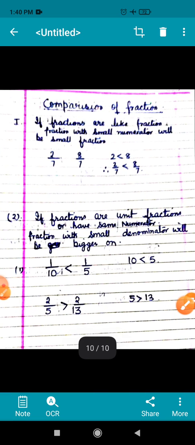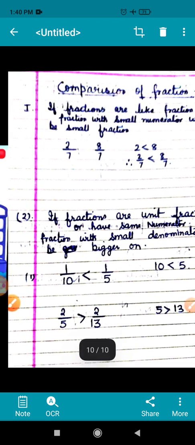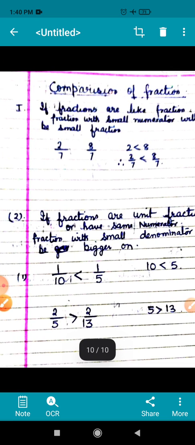So children, now you all have understood. For comparing fractions, there are two rules. First one is, if fractions are like fractions, the fraction with the smaller numerator will be the smaller fraction. Here 2 by 7 and 8 by 7, denominators are the same, that is 7.